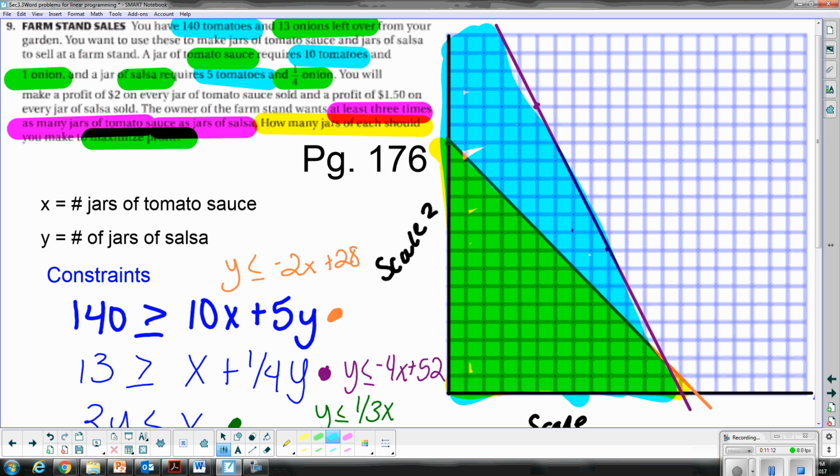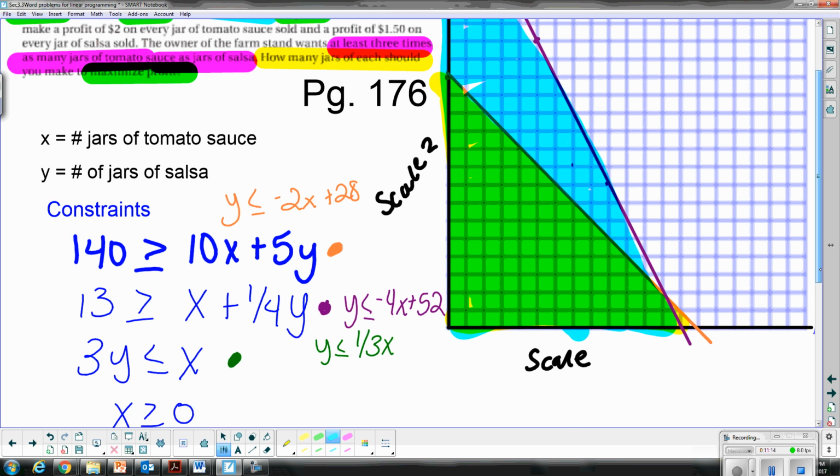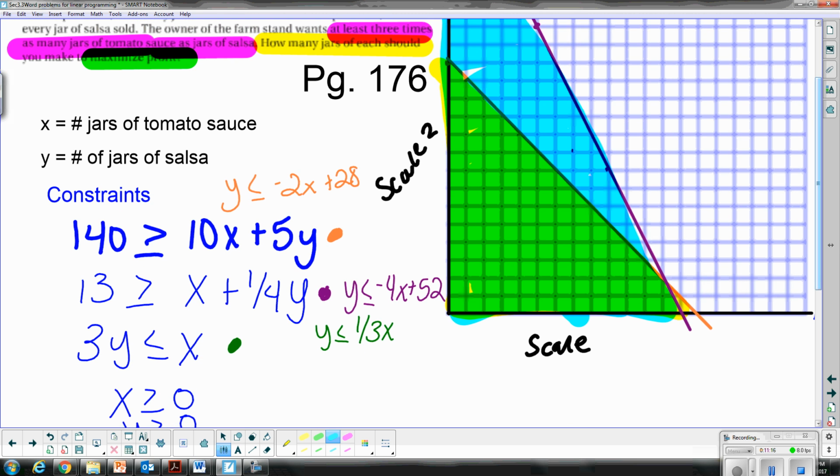But I still have one more inequality to graph. And that's y is less than or equal to 1/3 x. So I got 0, 0. And then 1/3 x. So I'm going to choose 6 as my x. And I need to have 2 as my y.